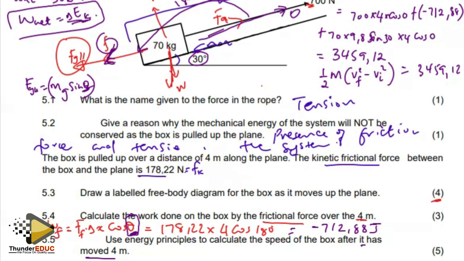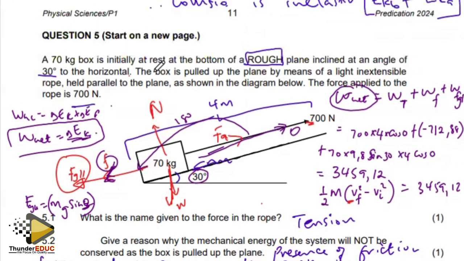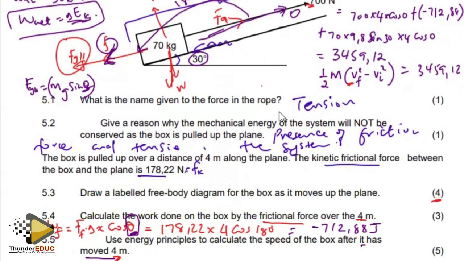Calculate the speed after it has moved up, which means we need the final velocity. Initially, this thing was at rest, so the initial velocity was 0.